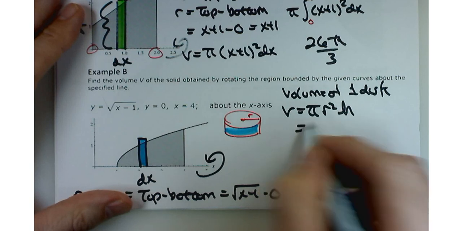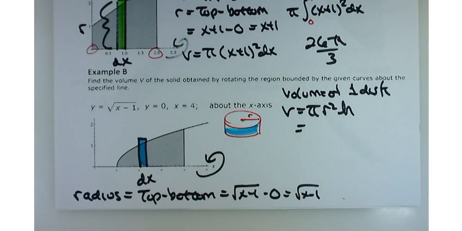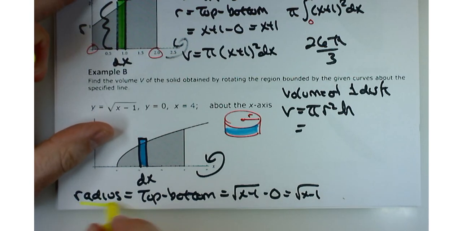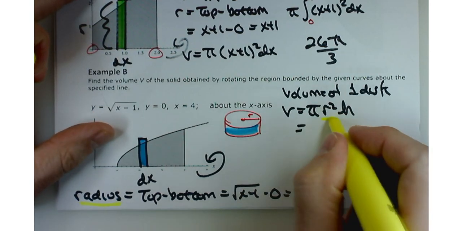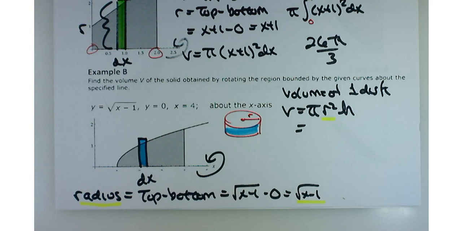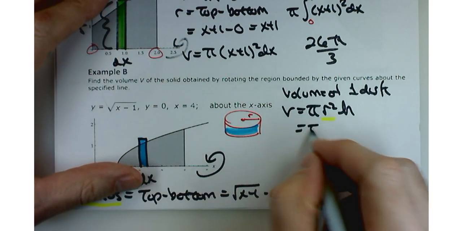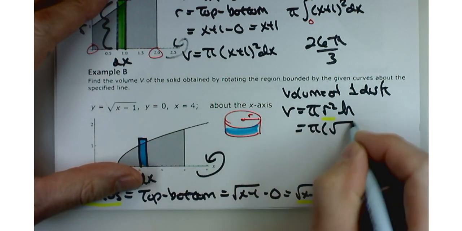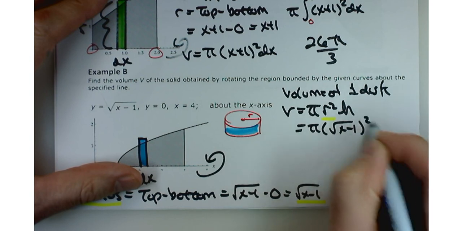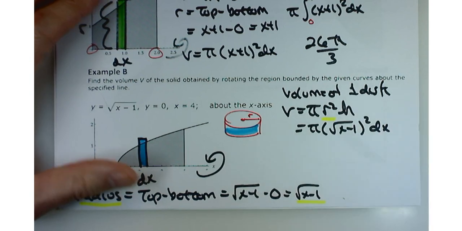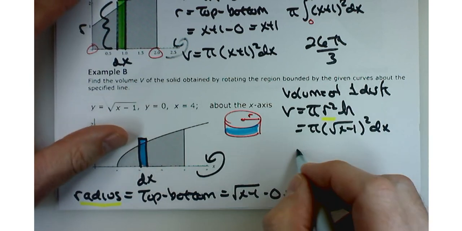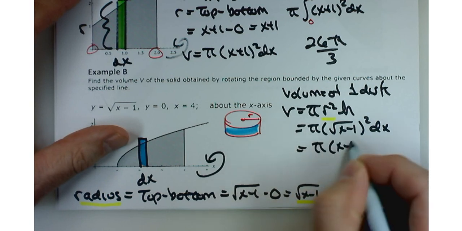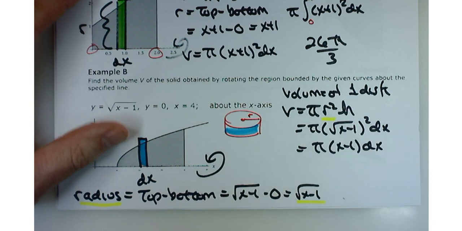When I plug the radius into this formula over here, what nice thing is going to happen? The square root is going to cancel. Yeah, the square root's going to cancel. So I'll just get pi times x minus 1 dx.